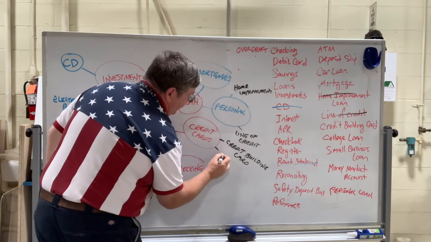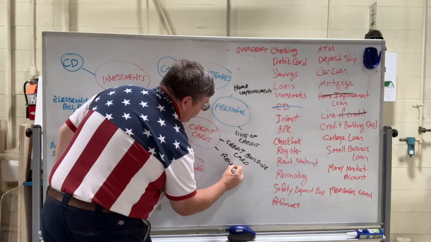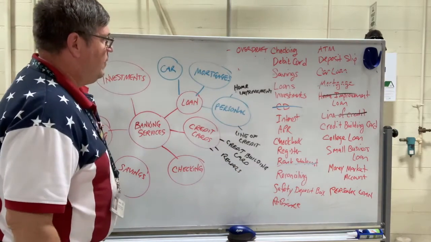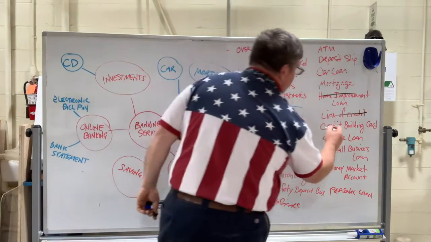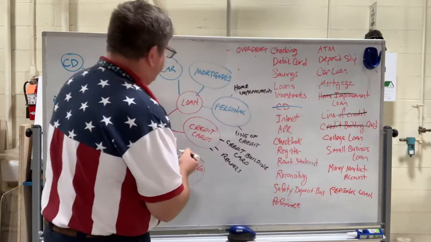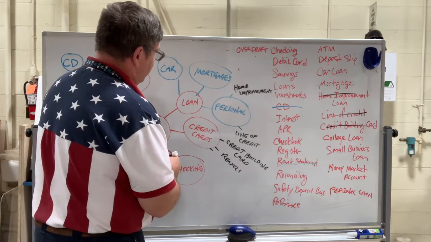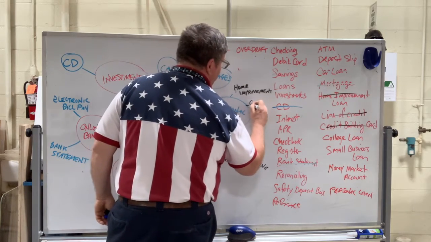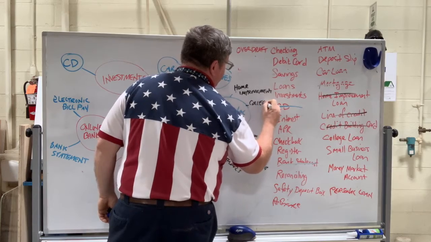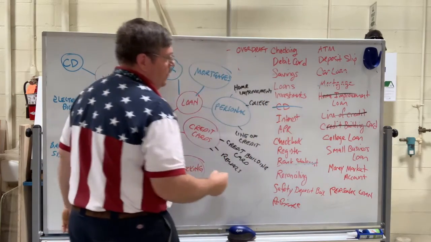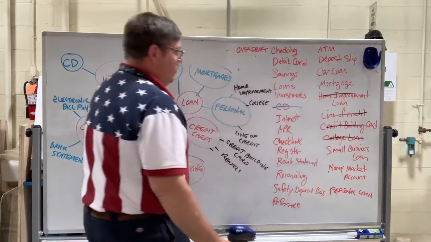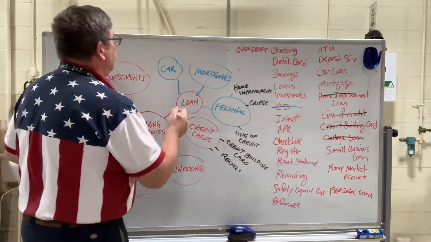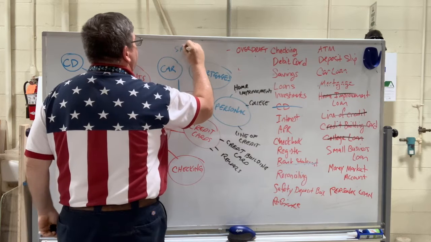And you know, you've got rewards cards, cash back, all that crazy stuff. All right, so back here with loans, we can put college loan. All right. Small business, that's almost its own little category. So I might put that up here.